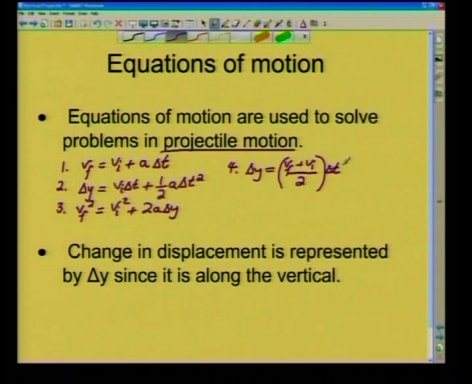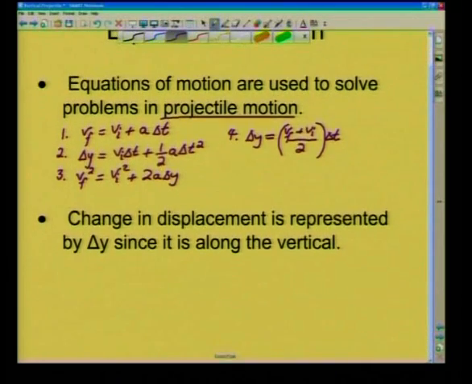So all these are the equations that will be applicable in solving problems in our vertical projectile motion. Change in displacement, you would notice, is delta y, because that change in displacement is along the vertical.